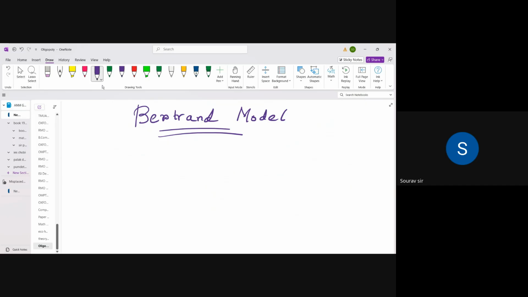So what is this Bertrand model? The Bertrand model is an oligopoly model in which firms produce a homogeneous good.